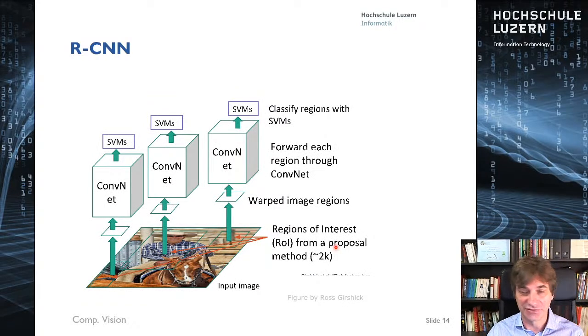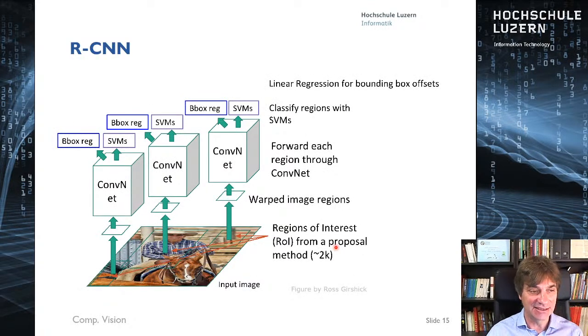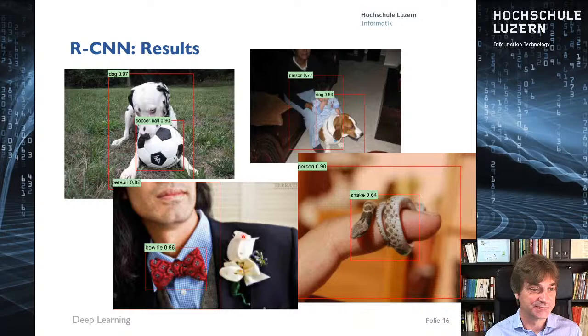And when you have the features, you classify the regions using support vector machines. And then you train another thing to get the exact bounding boxes instead of the boxes from your region of interest proposal. You train regression to get the bounding box location. Then you get an update: maybe our region proposal was not quite good, it should be 10 pixels to the left and 5 up, and this regression will solve for that.